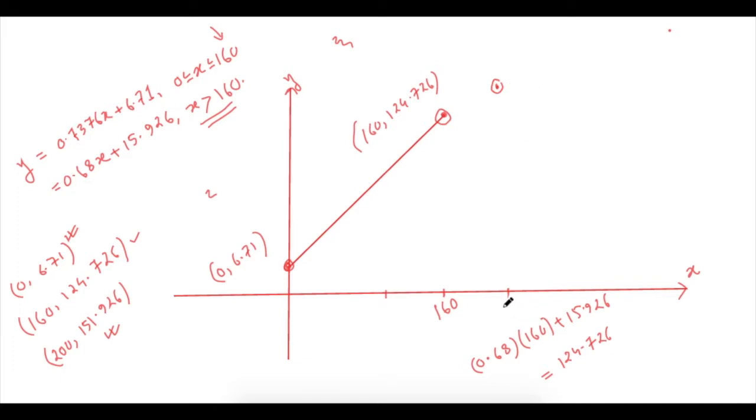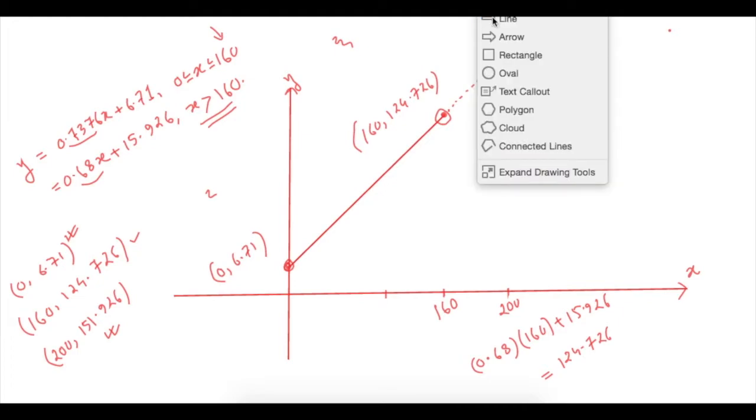Now you need to look here, because the slope is smaller in the second line. The second line will be less steep than the first line. If you continue first line, then it will pass through this way.